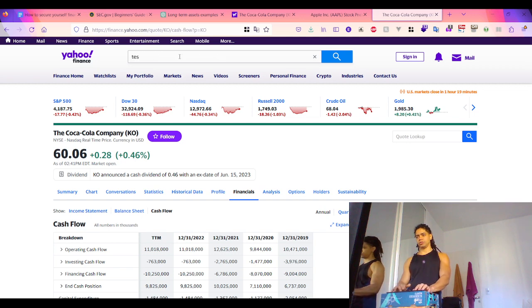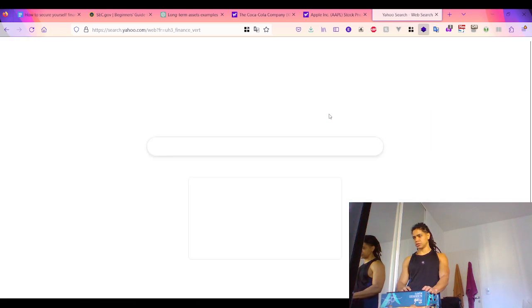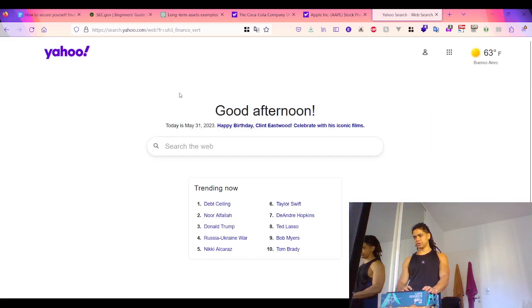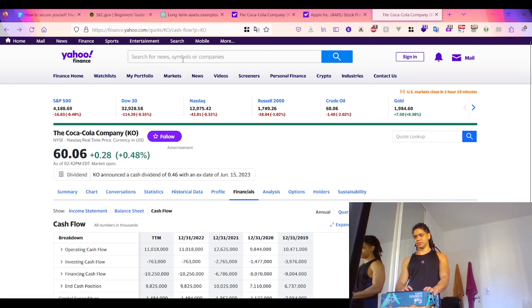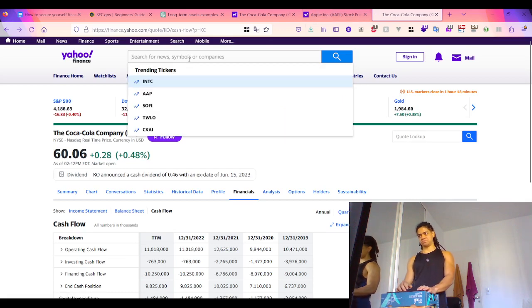I don't think it loaded properly. Tesla. Will you search that? Isn't it using a single page application? Yeah, of course. Wow, the search engine.